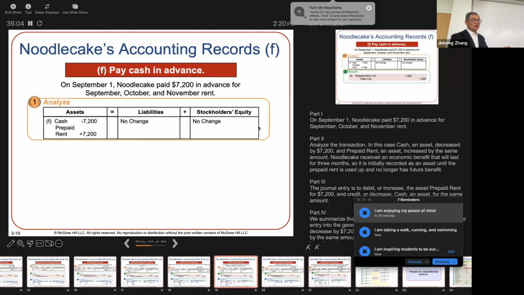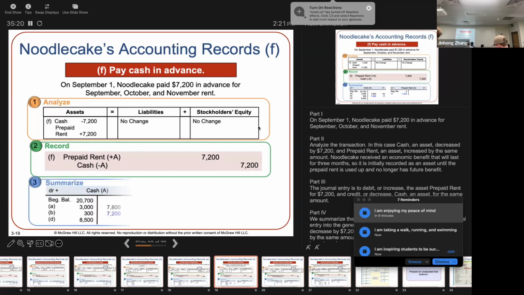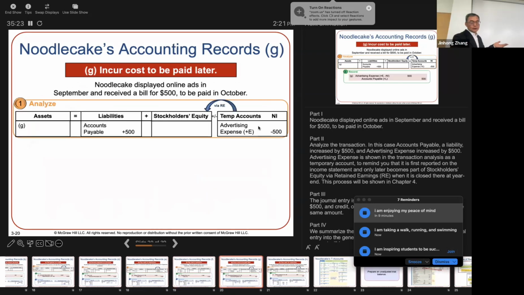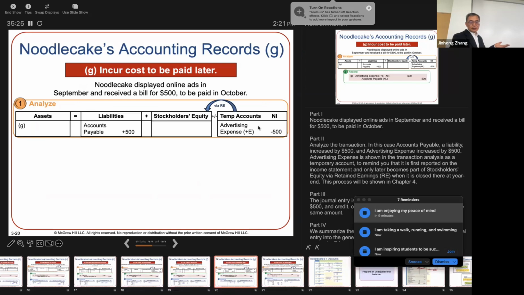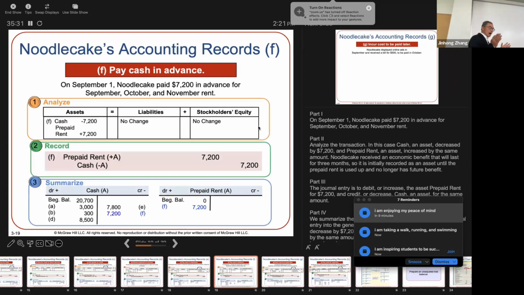So you book it into prepaid rent. It's still your asset. In a way, it's a deposit, right? So you reduce one asset, cash, and increase another asset, prepaid rent. And now every month you reduce the prepaid rent. Let me ask you, how do you do it? Now it's, say, September 30, and you want to book the rent.